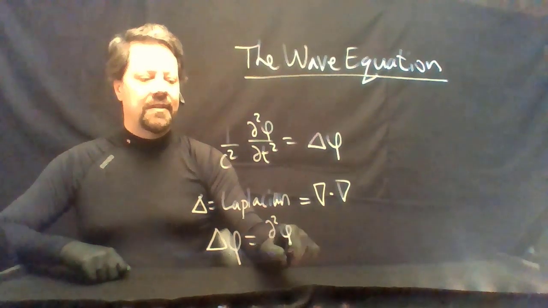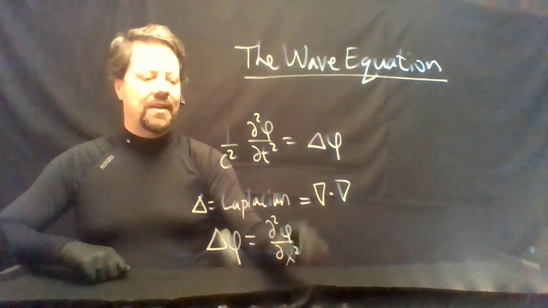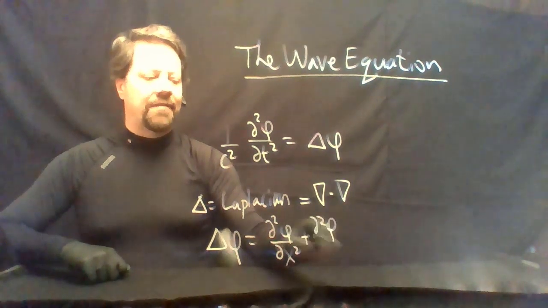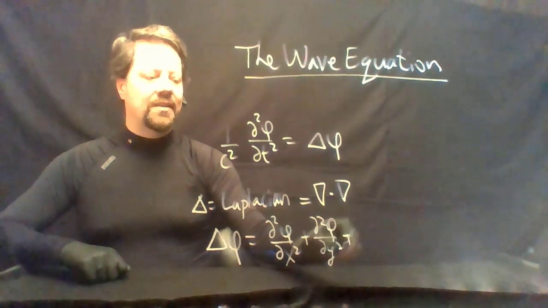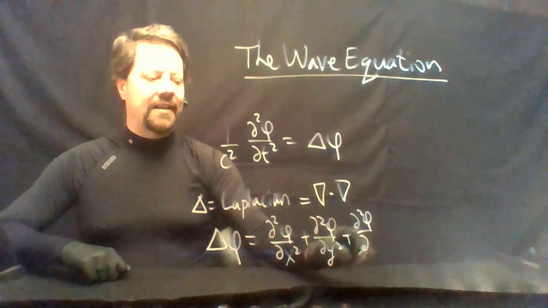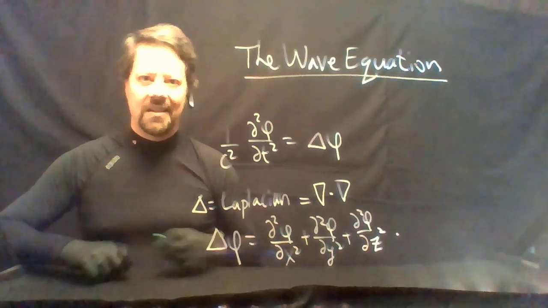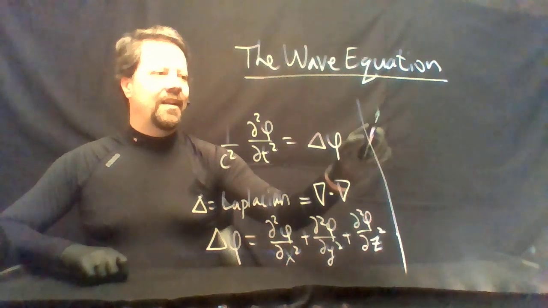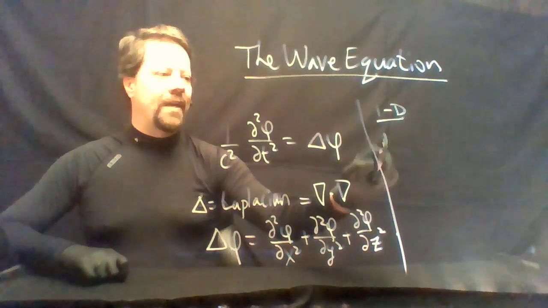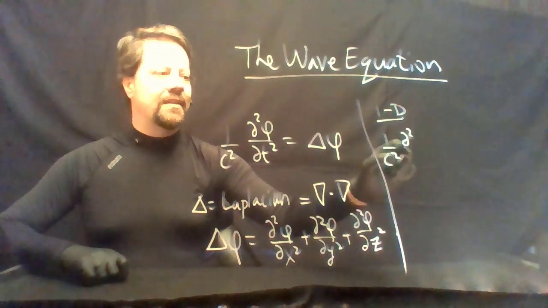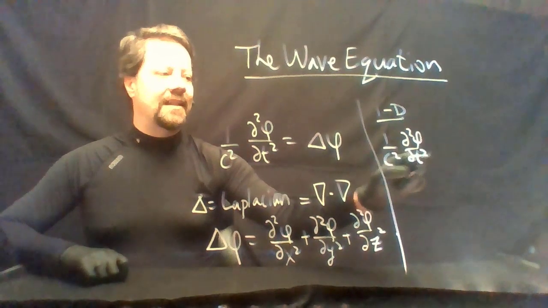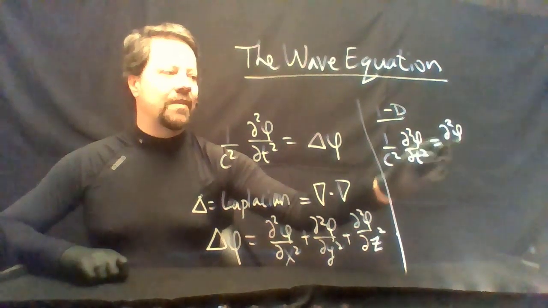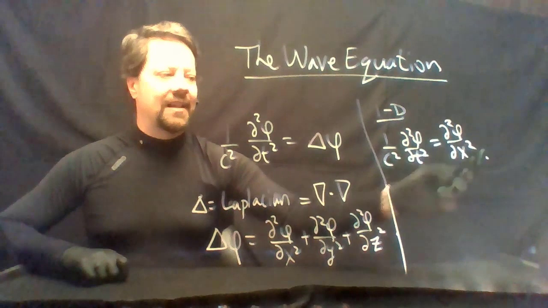That'll give you d squared phi dx squared plus d squared phi dy squared plus d squared phi dz squared. In one dimension, the wave equation is 1 over c squared d squared phi dt squared equals d squared phi dx squared.